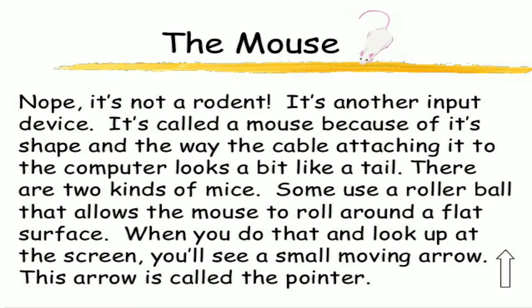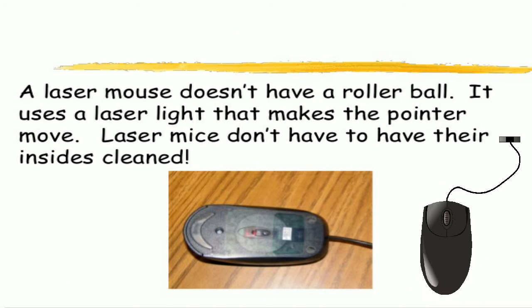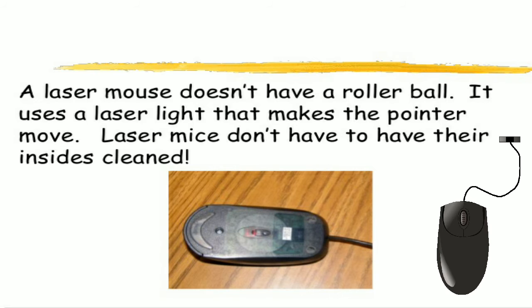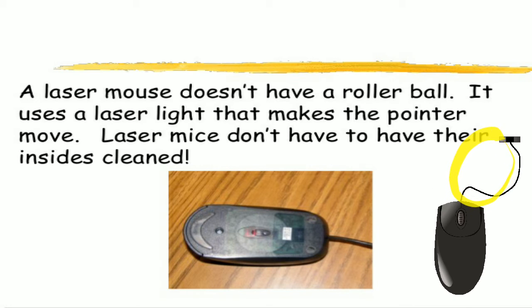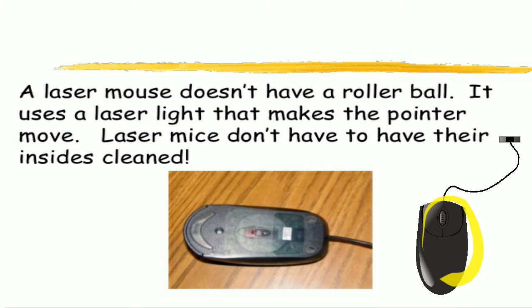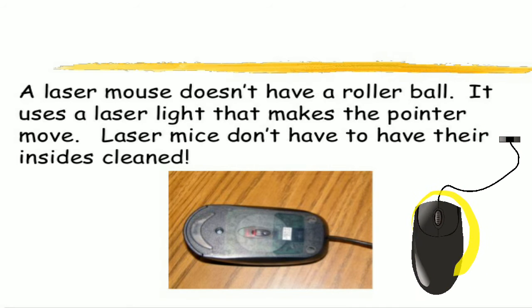So the mouse looks like that, and you see a small moving arrow, and the arrow is called the pointer. Here we also find a mouse that has a cable like a tail and is connected with the CPU. So it's moving like that.